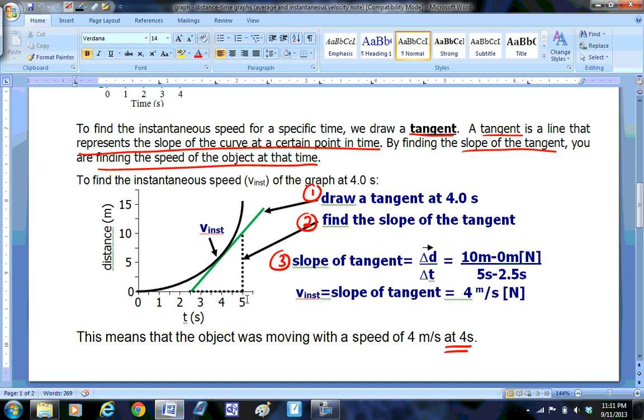So my run is going to be x2 minus x1. x2 is 5 minus x1, which is 2.5. So 5 minus 2.5. And you're going to end up with 10 over 2.5. And that gives you a speed of 4 meters per second. So the object was going at 4 meters per second at 4 seconds in time. So at that time, that's how fast it was moving.